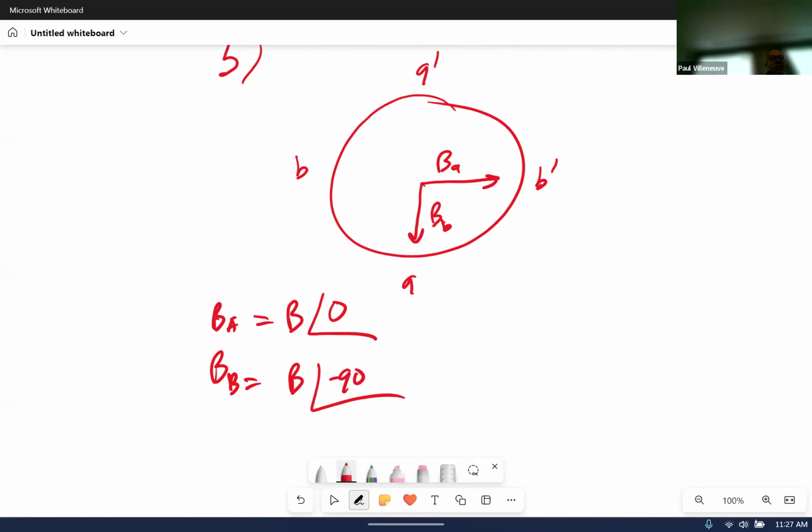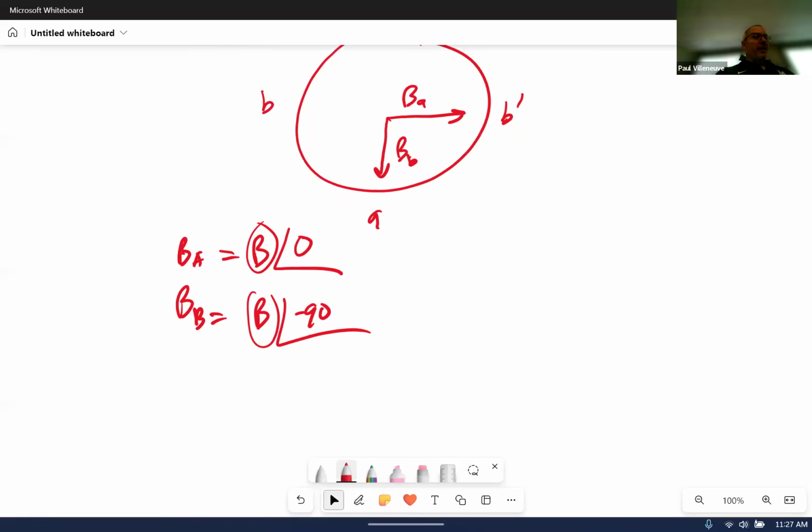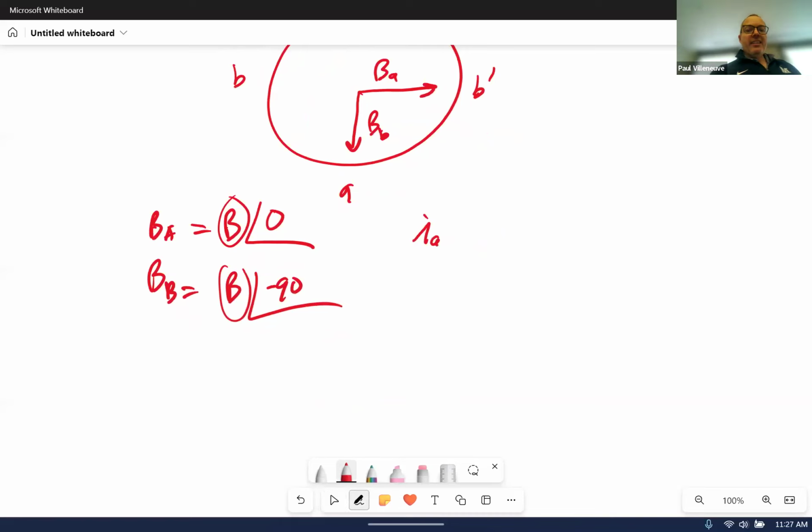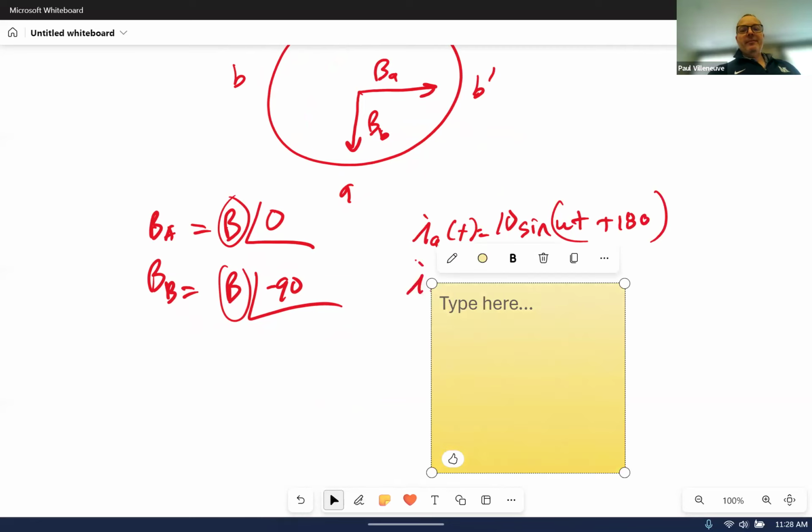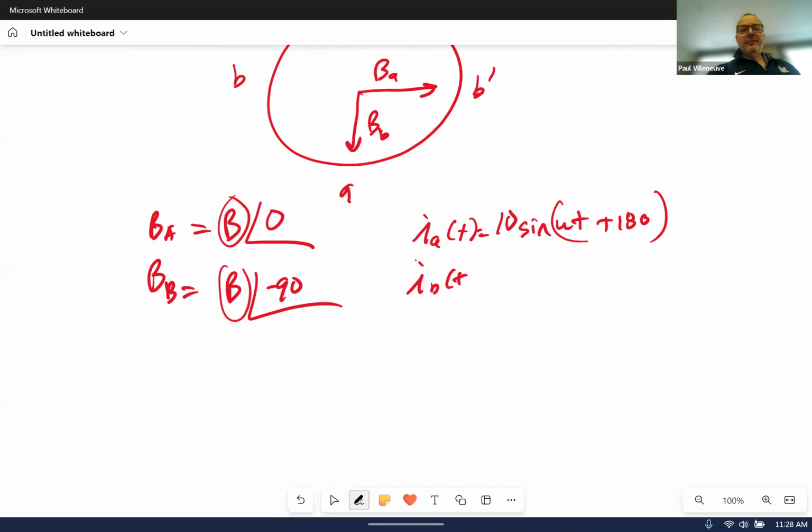Now, the next thing I need to know is how to calculate what these are going to be because of current flow. So my current for phase A, I sub A of t, is 10 sine of omega t plus 180, and I sub B is 10 sine of omega t.